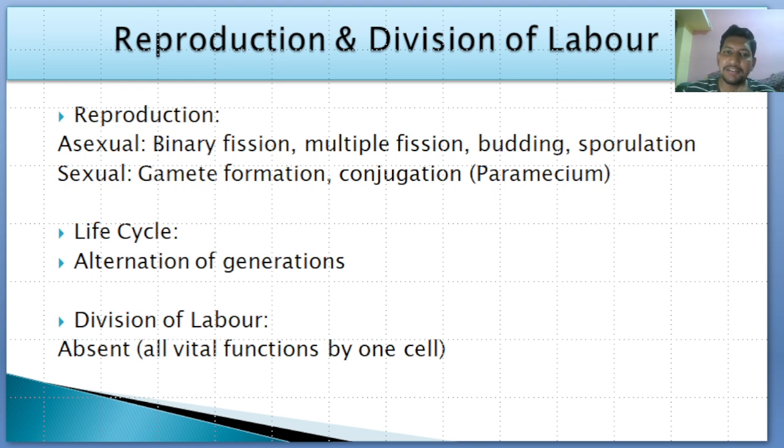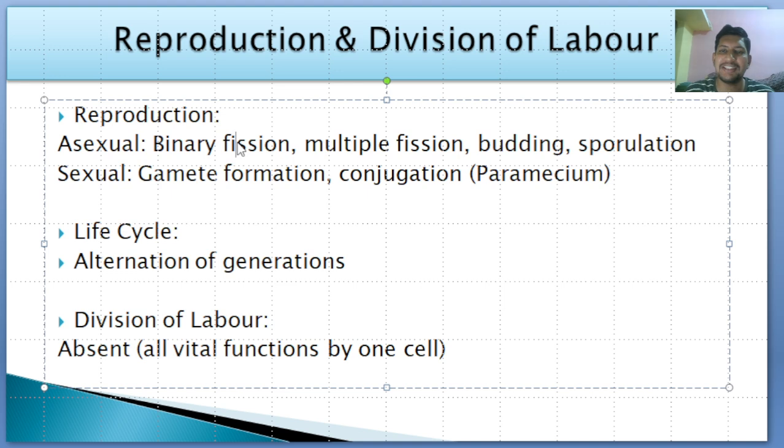Now what is binary fission? For example, in amoeba, the single parent cell produces two daughter cells. Bi means two, and fission means division, or breakdown. So the single parent breaks and produces two daughter cells.